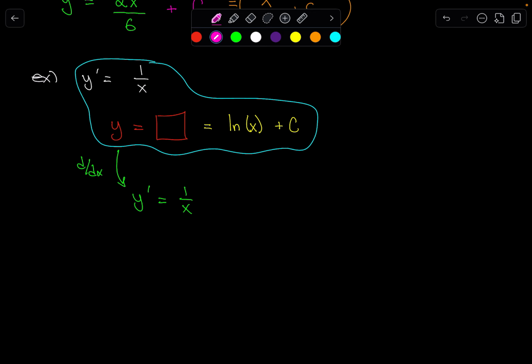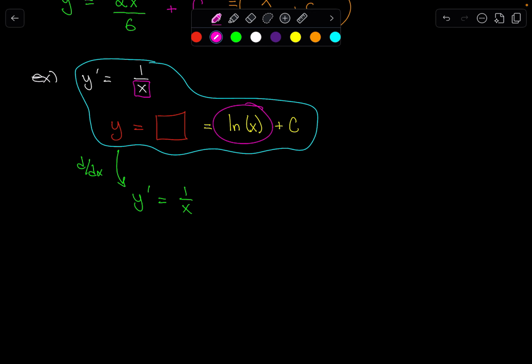But one little funny nuance that happens here is that if I tell you this is the derivative, well, x could be any value, right? x could be positive numbers, but even worse, something we have to be careful of is that technically in this function, x could take on negative numbers. But the problem with that is, what do we know about the natural log? Well, the natural log is not defined for values of x that are equal to 0 or less than 0.